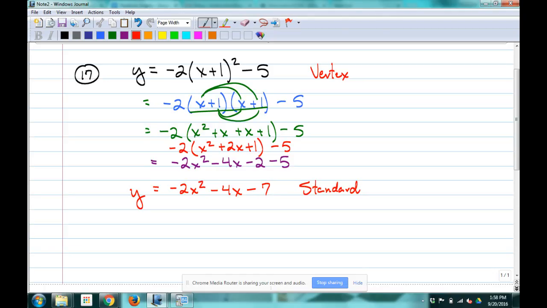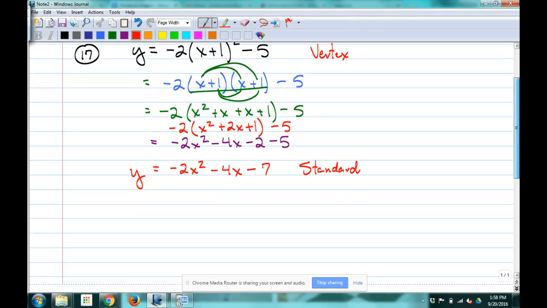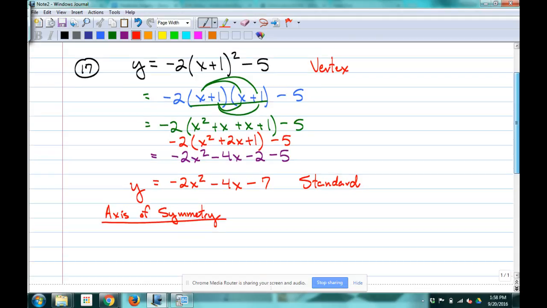All right. The next thing that I want to do is start building these pieces out of this. The axis of symmetry is what I'm going to start with. If you're in vertex form, it's x equals h. And h in this problem is -1.